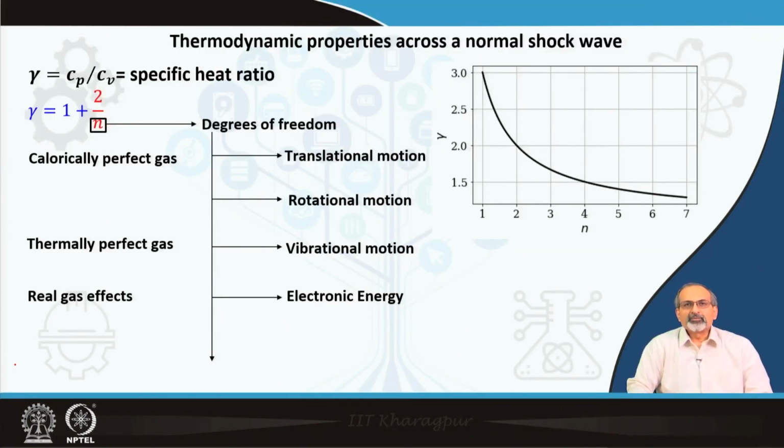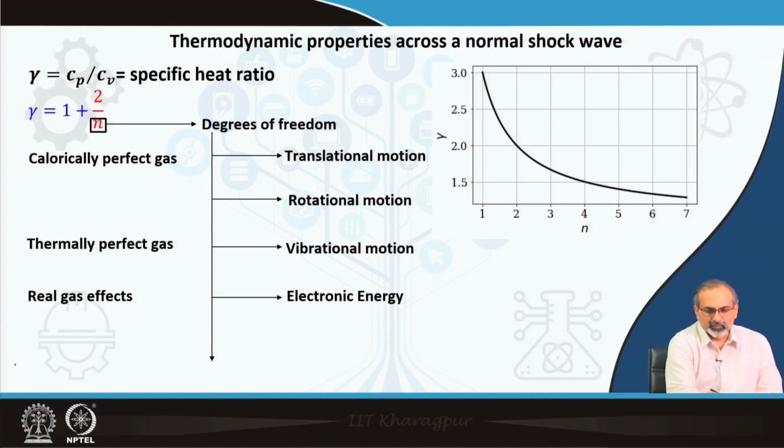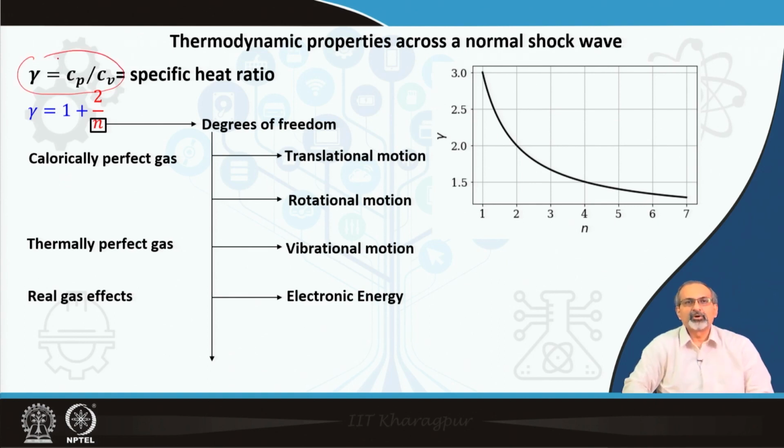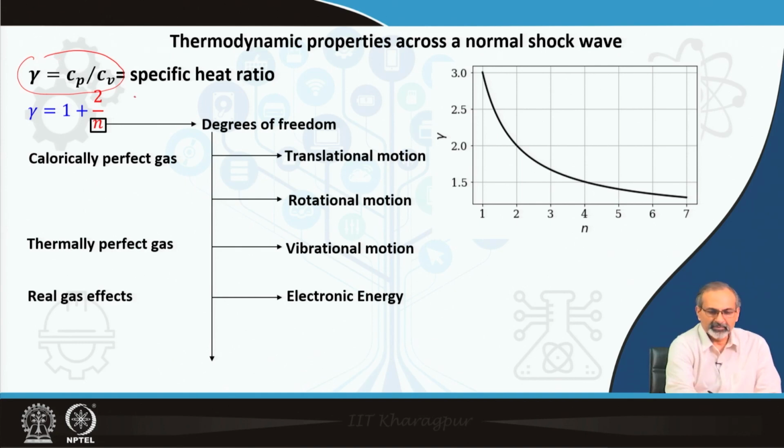So, this topic we had already had an initial look in the previous lecture. Let us relook at some of the details. We see that gamma, which is the ratio of Cp and Cv, the specific heat ratio, can be expressed in terms of the degrees of freedom of the gas.